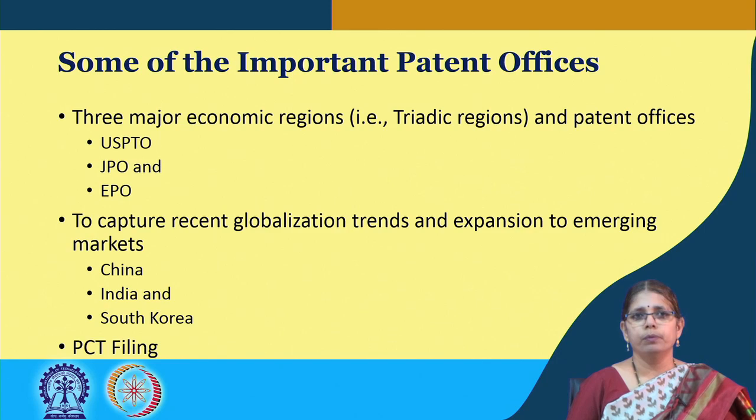And if you really look at the emerging markets and the greater expansion of the IP, you can also consider the patent offices which are of importance, which are China, India, and South Korea. And another major chunk of applications are filed through what we call the PCT mode, and hence understanding the value of PCT filing as a major documentation is also important for a searcher.